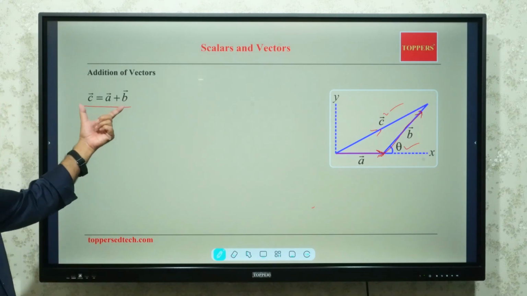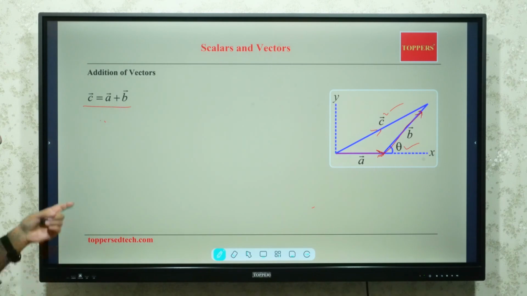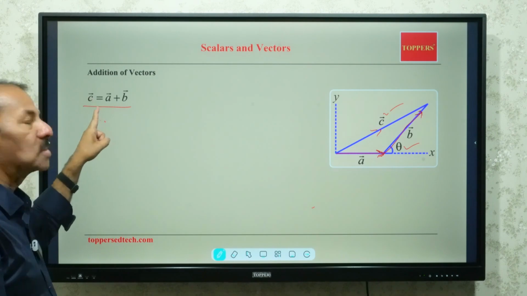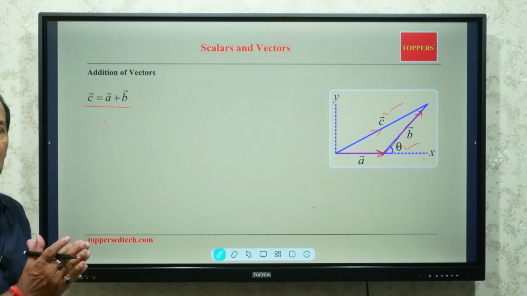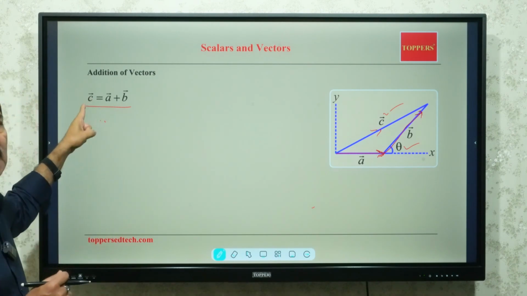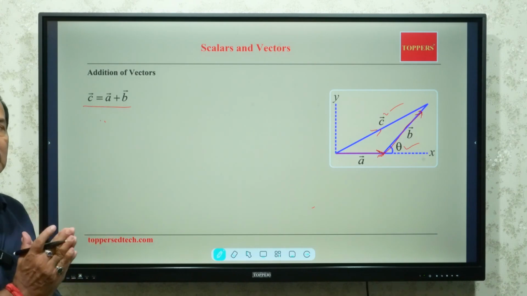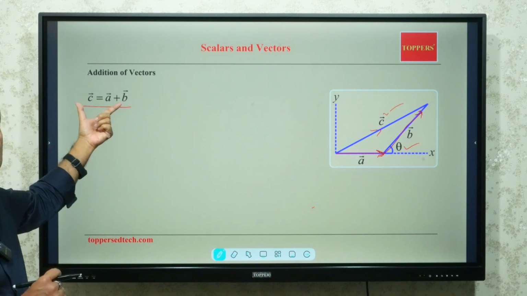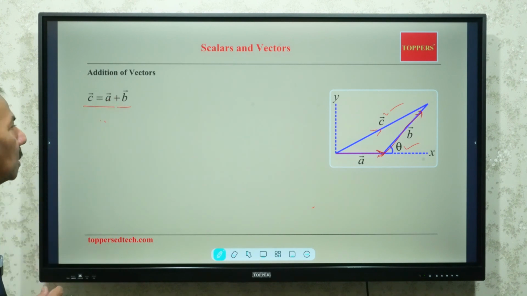Now when we consider this equation, vector C is equal to vector A plus vector B, this is the vector equation. When we say vector equation, it means the magnitude of the resultant vector C, as well as the direction of the vector C, both are included as far as this equation is concerned.